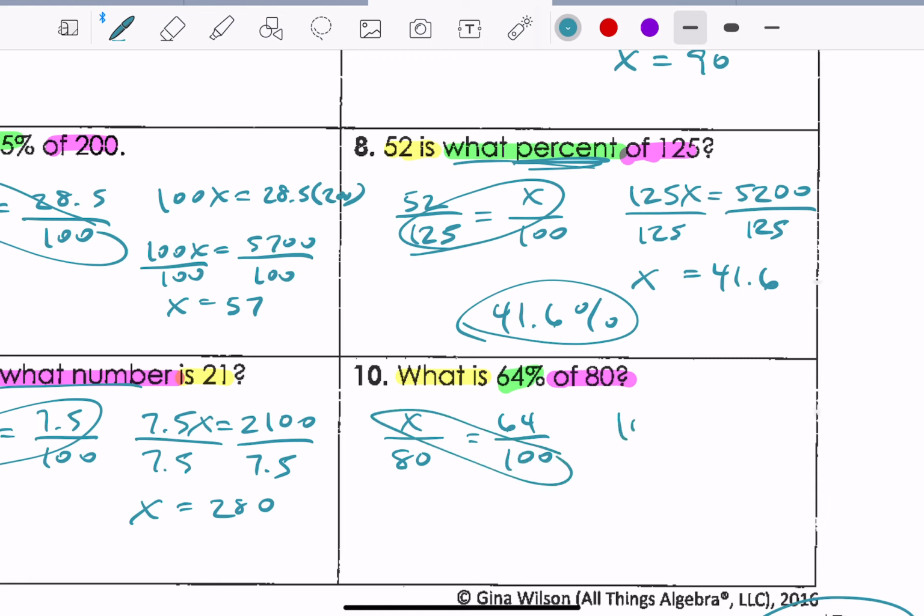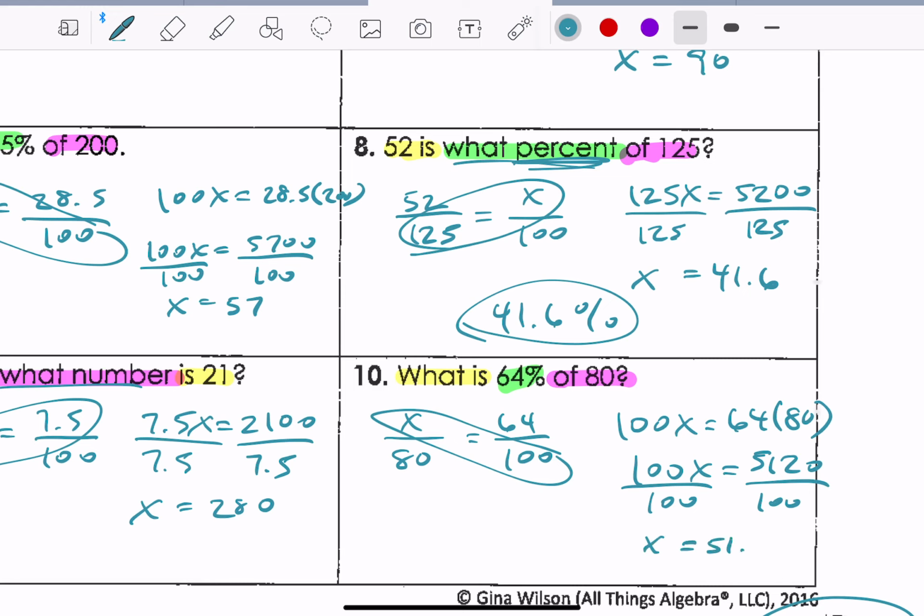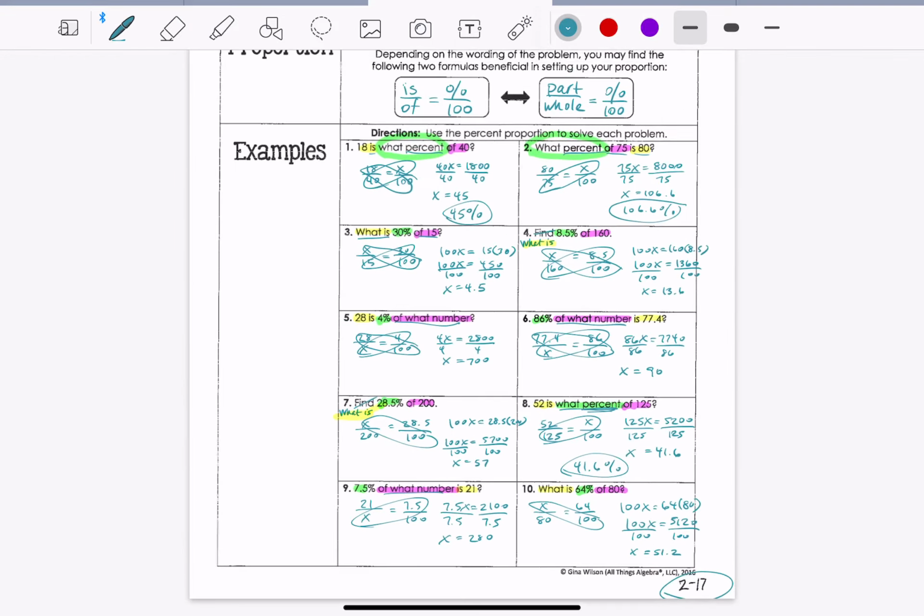So my cross product is 100x equals 64 times 80. I'm going to simplify that 64 times 80 to get 5120. Divide both sides by 100 to solve for x. x is equal to 51.2. So 51.2 is 64% of 80. So that is page 217.